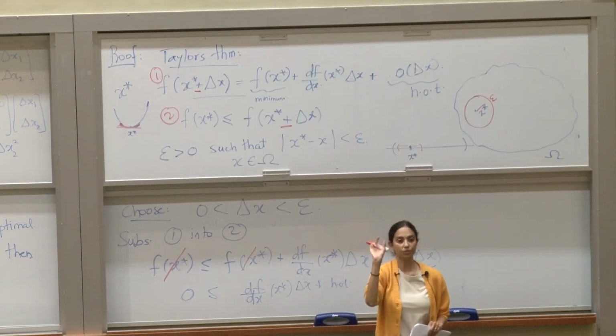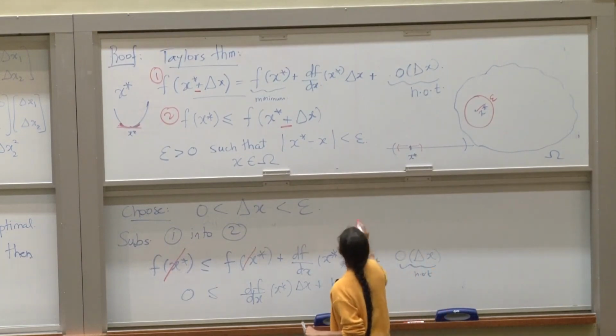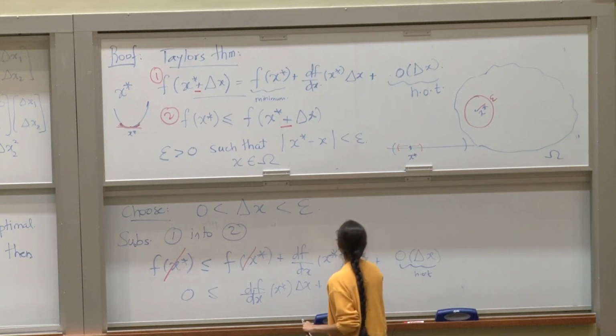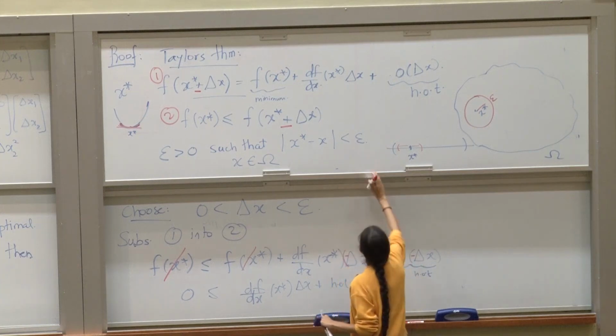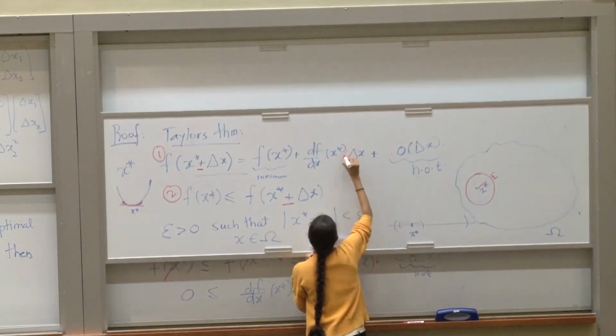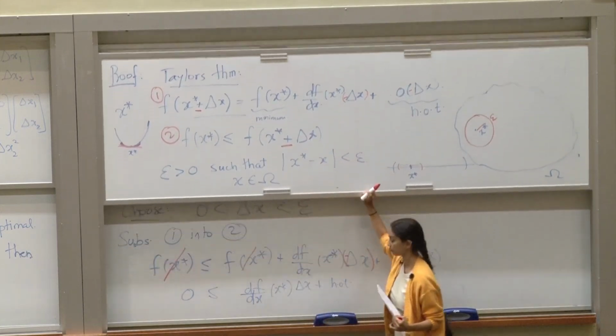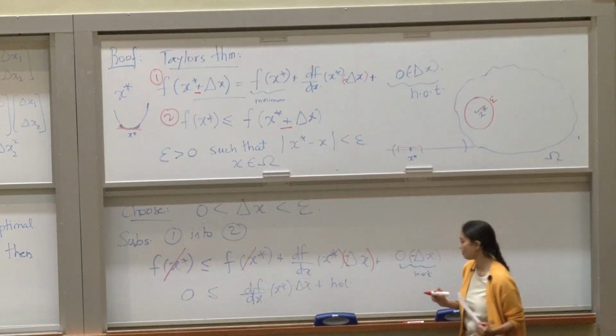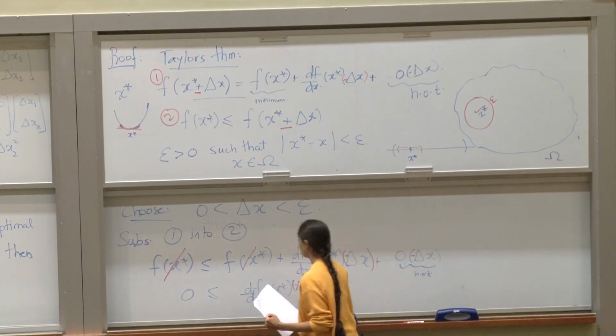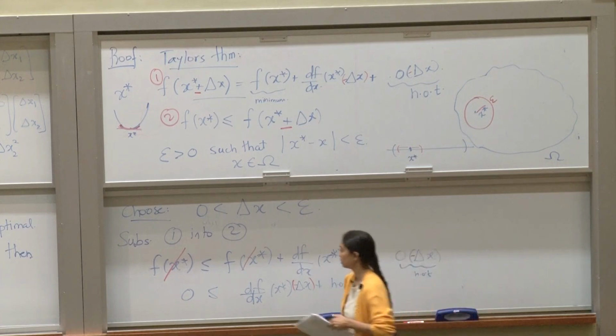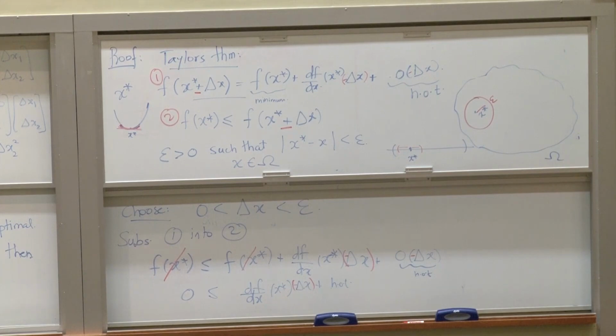Remember, I can move in both directions. And then I would have a minus sign here and a minus sign here. Everything would have a minus sign. My delta x is still positive.